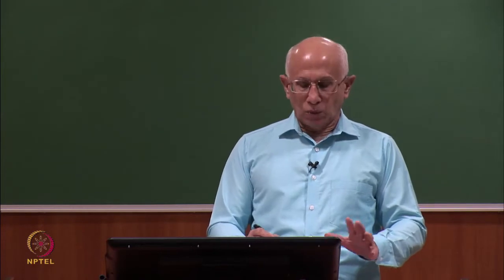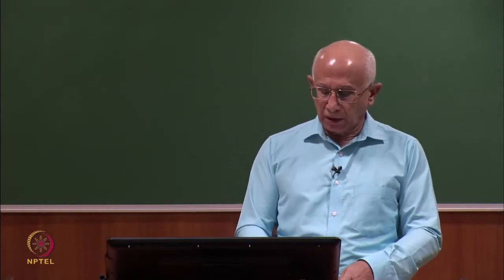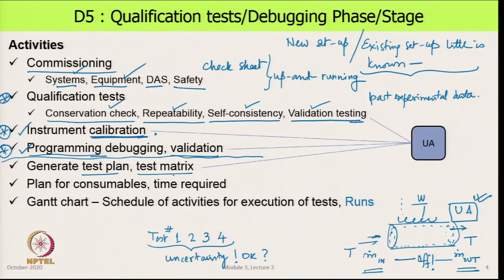Having done that, we now say that I will generate the test plan or the test matrix, which means we have some independent parameters. We say what is the range over which we will vary these parameters. This we got some idea from an earlier design stage, D2.